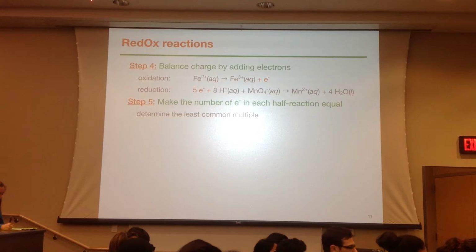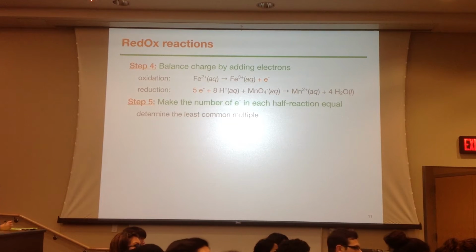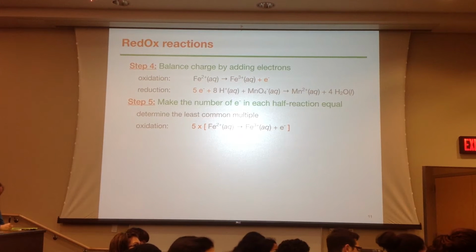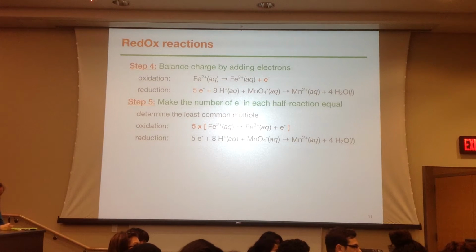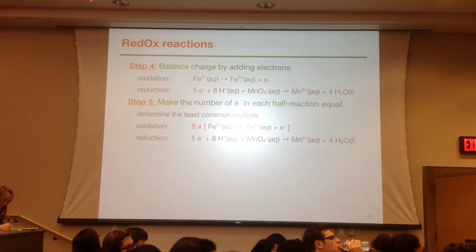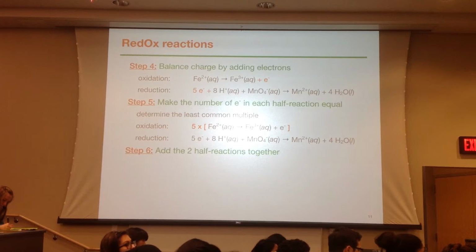Right, so the only way to get the oxidation half reaction to have 5 electrons is to multiply the entire chemical equation by 5. And again, for the reduction, I do nothing. It's balanced. Okay. Now, step 6, add the 2 half reactions together.